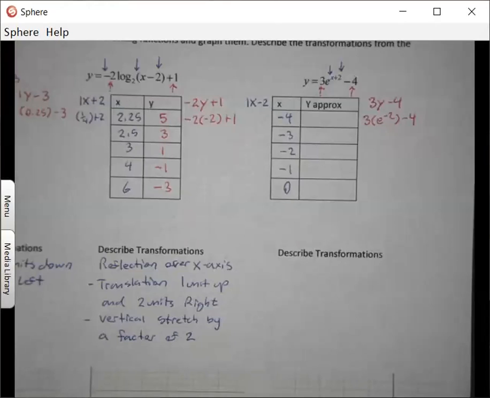Now, let's put in those values. And again, I'm going to round to the nearest tenth.